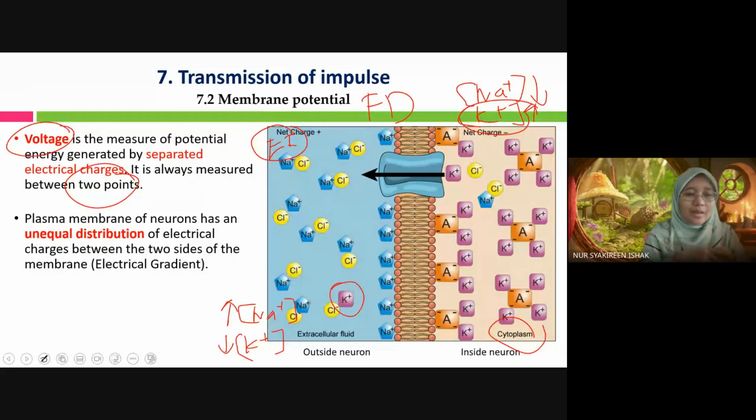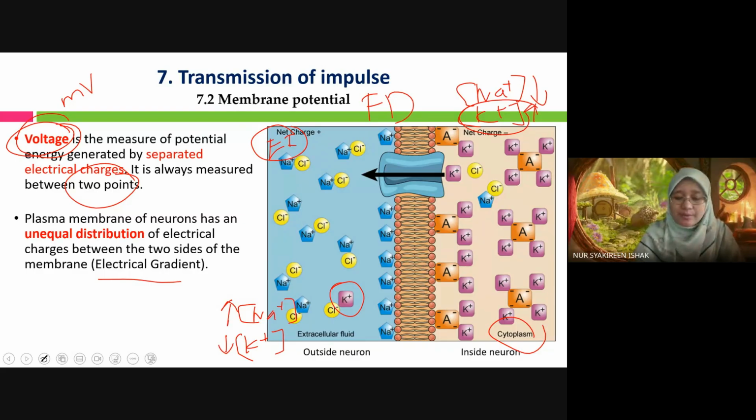2 points. Dalam negatif, luar positif. Okay. So the plasma membrane of a neuron has unequal distribution of electrical charges between the two sides of the membrane. So this creates an electrical gradient. Value yang kita measure electrical membrane potential tu we call it voltage. So because it is cells, the unit is millivolt.